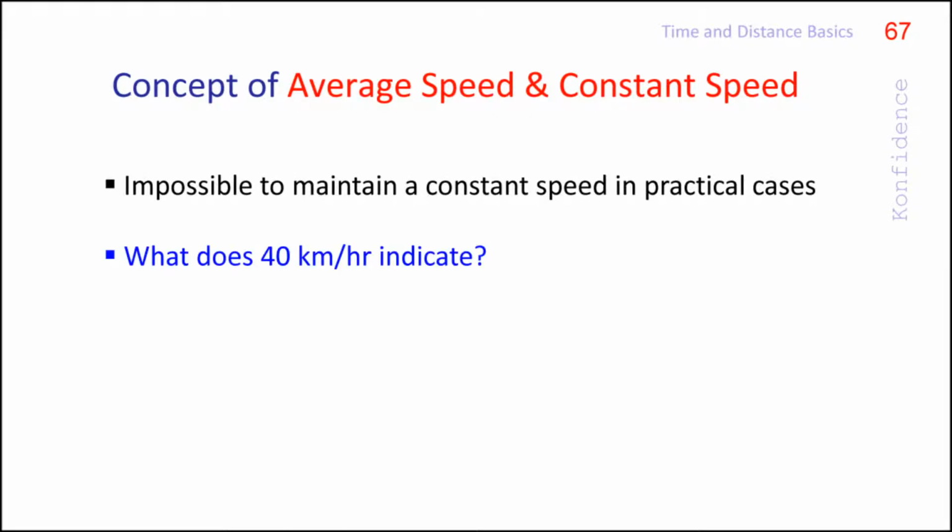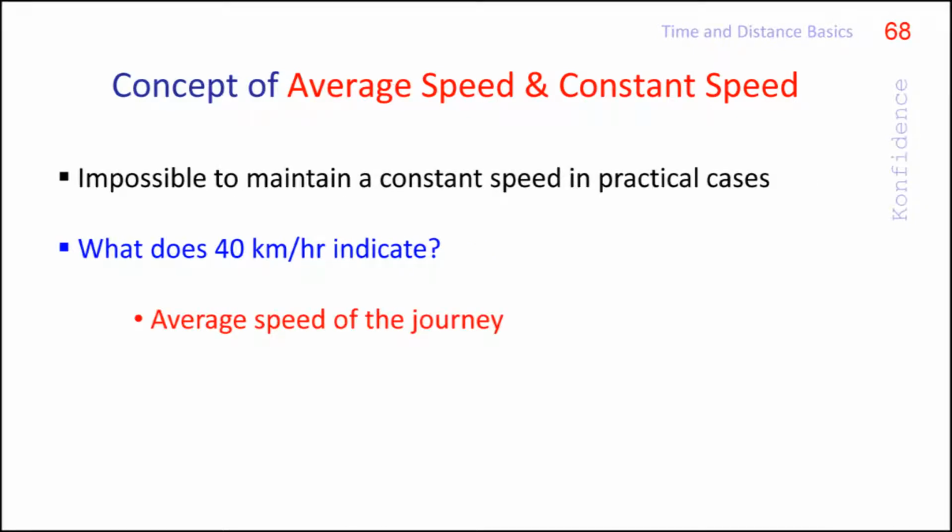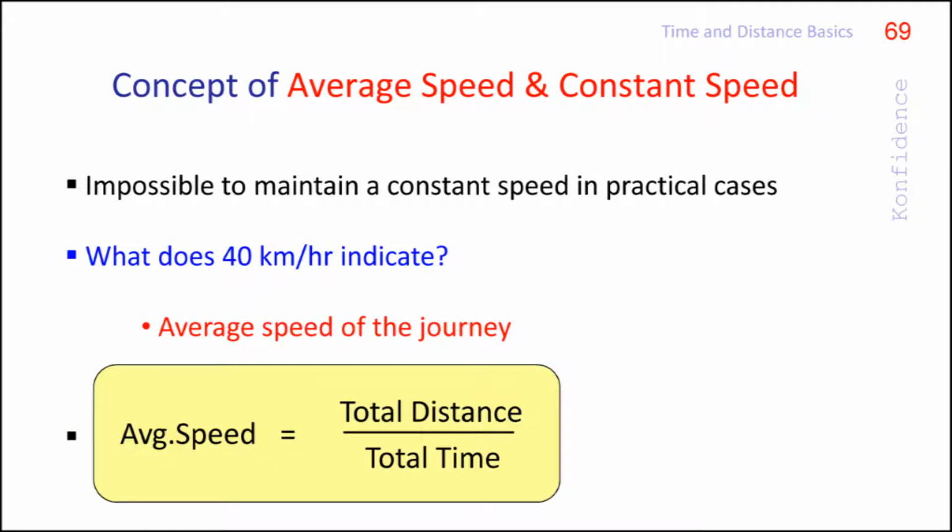So what does this 40 km per hour that we had found out really indicate? It indicates the average speed of your journey. By definition, average speed of a journey is total distance by the total time.